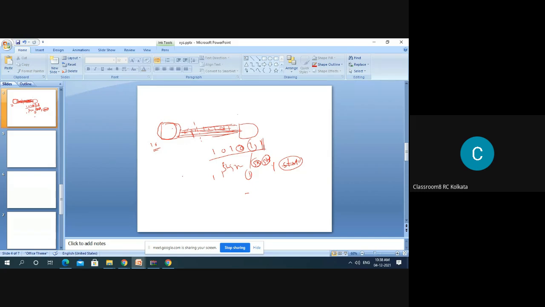In simplex mode, the communication is unidirectional, as one to one. Only one of the two devices on a link can transmit. The other can only receive. The simplex mode can use the entire capacity of the channel to send data in one direction. For example, keyboard and traditional monitor. The keyboard can only introduce input.